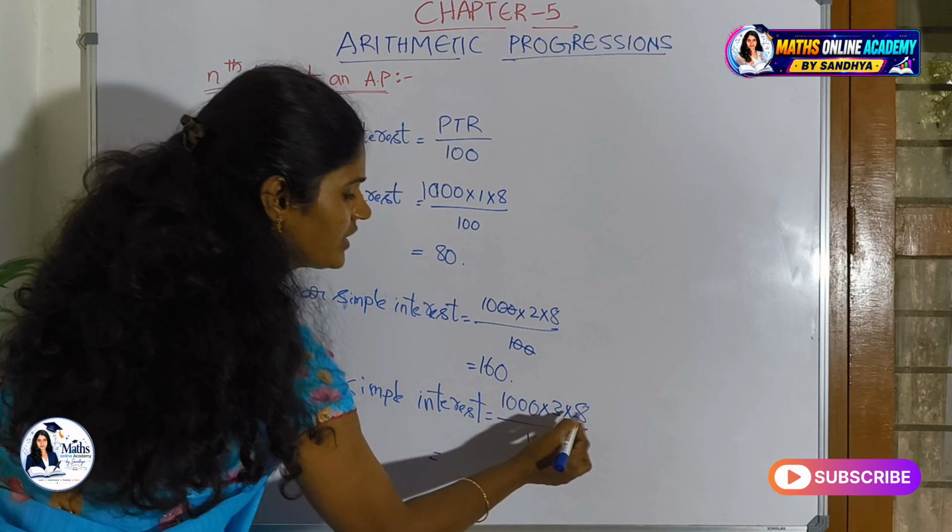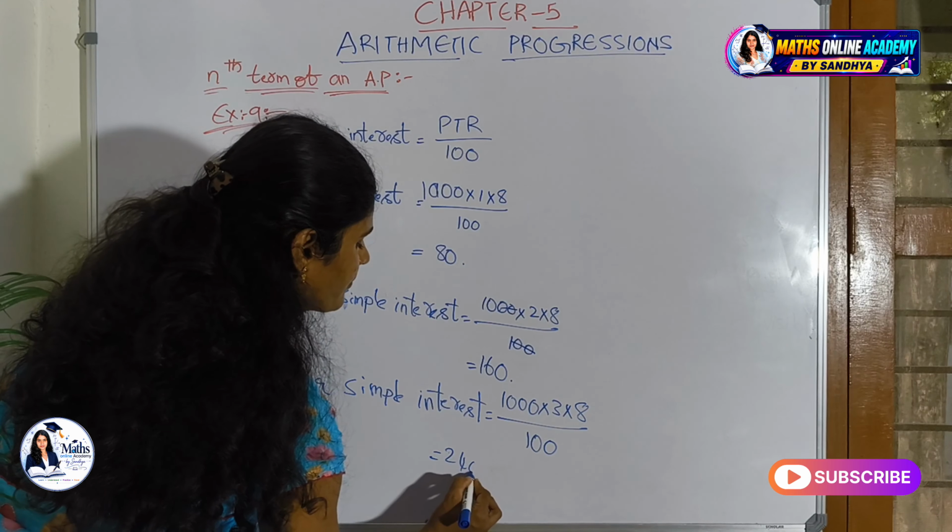So finally, write down the set of numbers. The set of numbers equals 80, 160, 240, and so on. These are the set of numbers. Are these in AP or not?